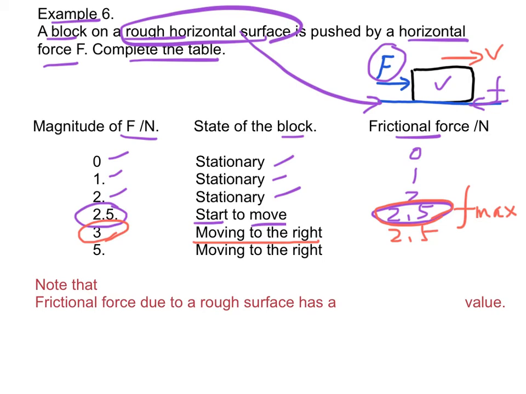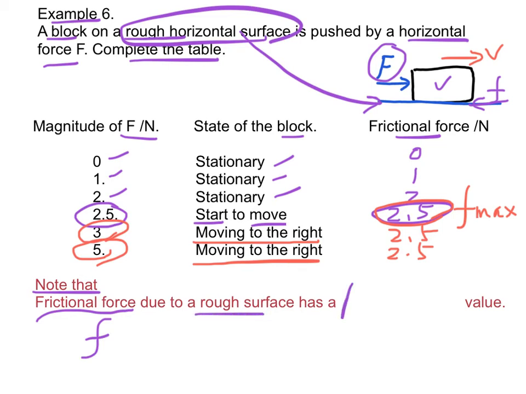Similarly, if the applied force is increased to 5 Newton and the block is also moving to the right, the frictional force will still remain at 2.5 Newton only. From the above observation, we noticed that frictional force F due to a rough surface has a maximum value.